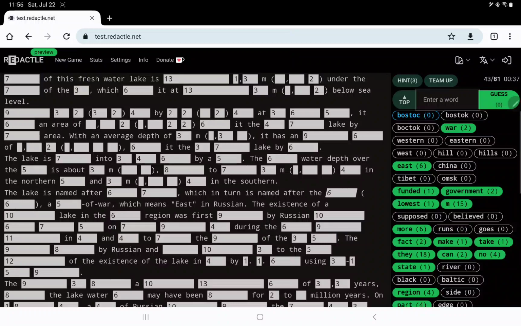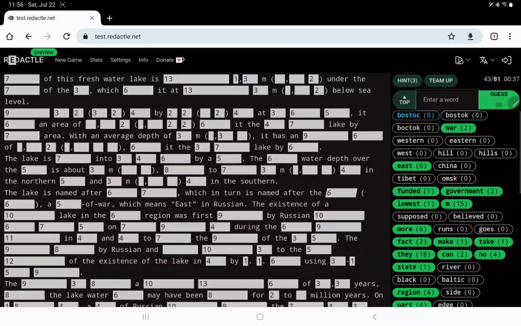So not sure what else to try there. Just looking up Bostock. No, there's a town in the US, I think. No, there's a French pastry called a Bostock. Looks delicious. Brioche with almonds. Mmm, yum yum.